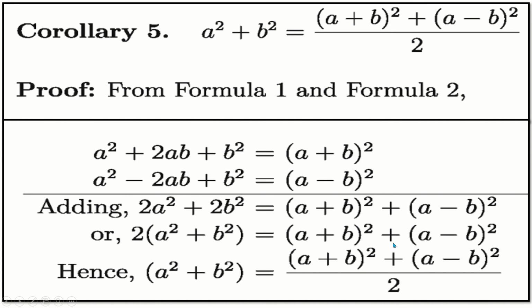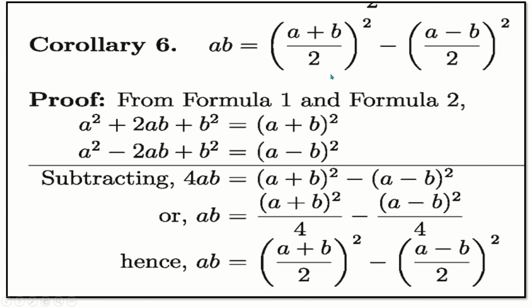So we can consider this as another corollary. Therefore a square plus b square equals (a plus b) whole square plus (a minus b) whole square, divided by 2. Clear? And you know this because this type of corollary and formula we had already discussed in class 7 and 8. So this is a fully repetition class. Okay.